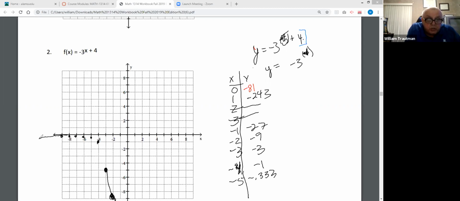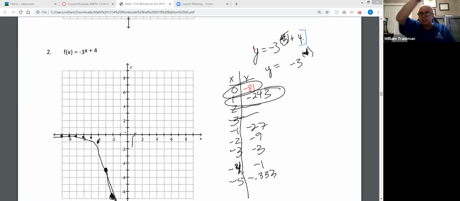So you do have an exponential curve, but it's exponential going down, if I could have drawn it correctly. It goes way down really fast. You saw at 0, it's all the way down to -81. At 1, it's way down there. So this graph is exponential going down.